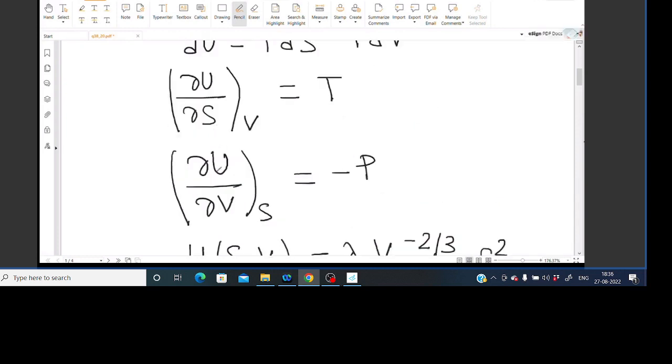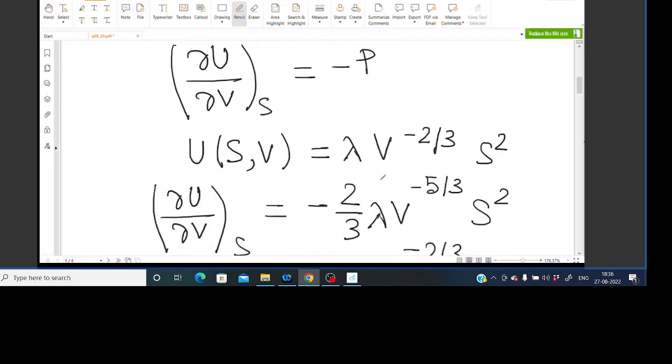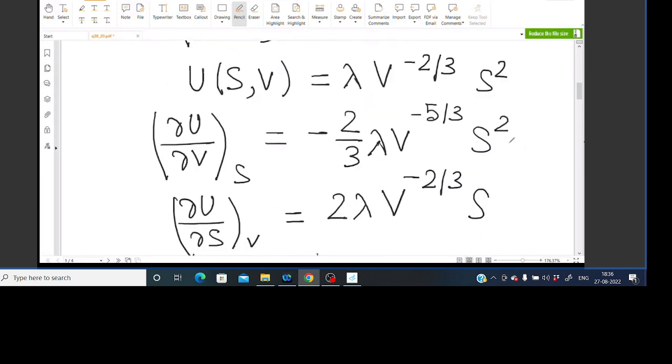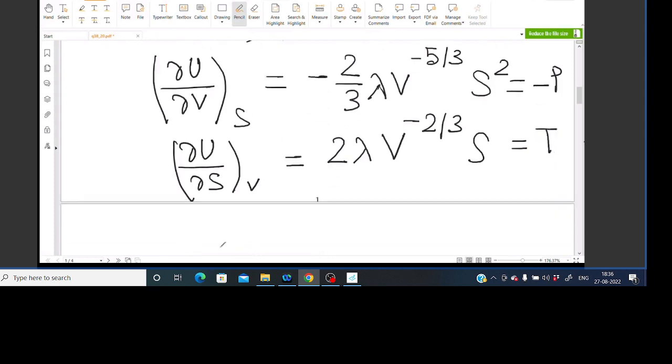Now, from these two equations, we have del U by del S at constant V is equal to T, and del U by del V at constant S is equal to minus P. From the second equation, we have S equal to T by 2 lambda V to the power 2 by 3.